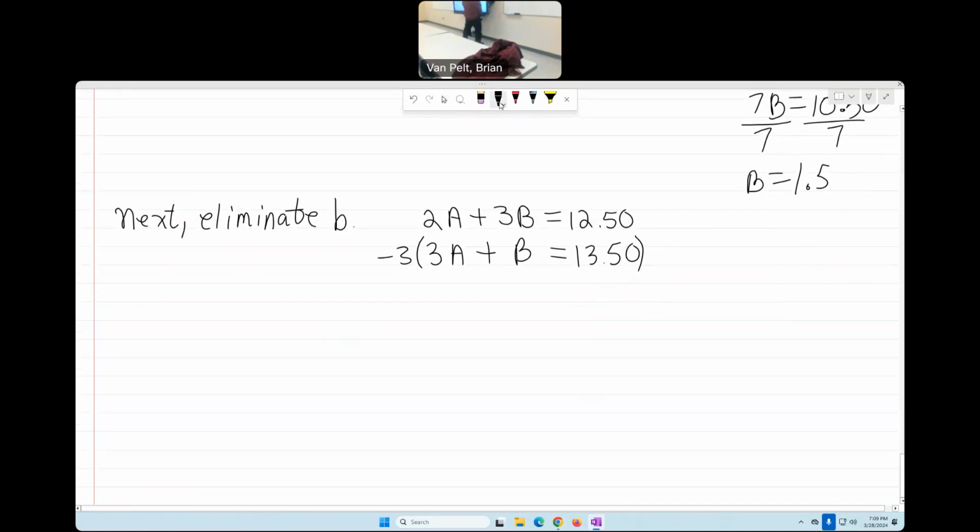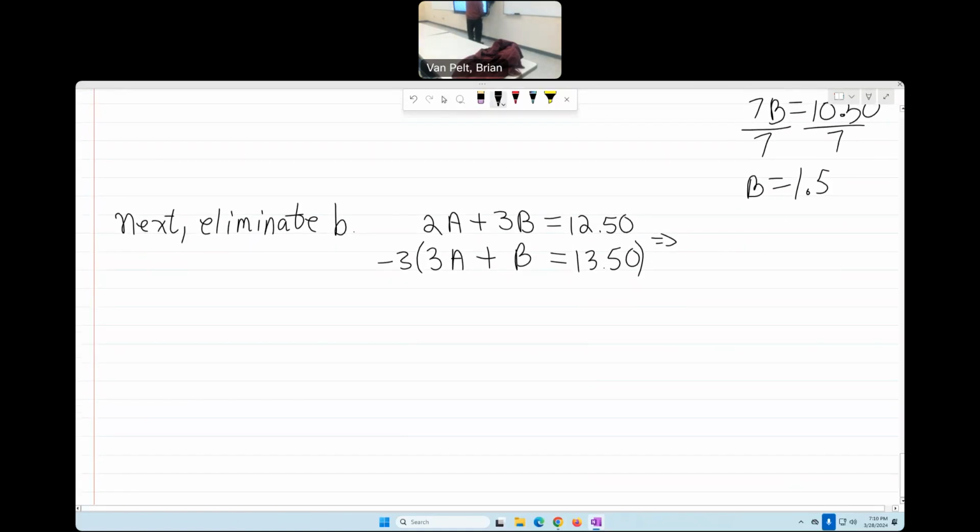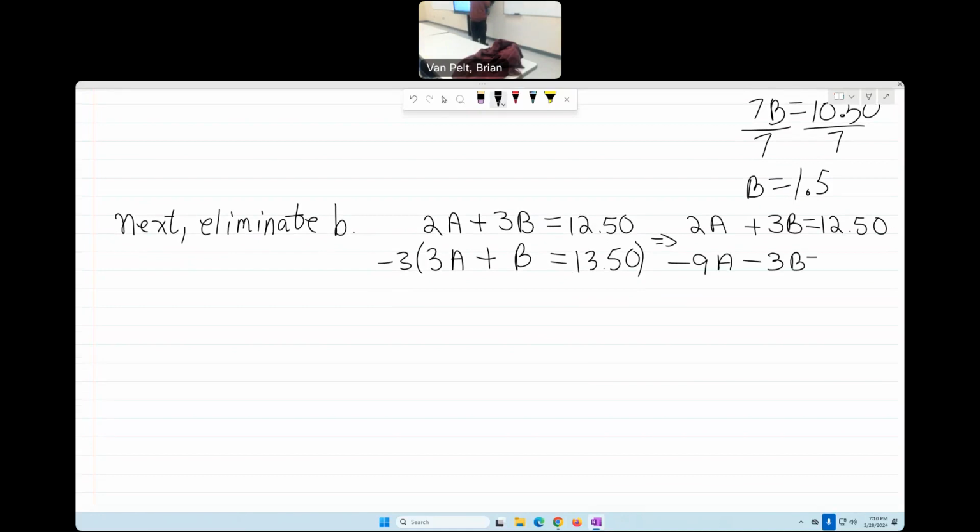So my equations become 2A plus 3B, and the other one is -9A minus 3B equals -40.5.